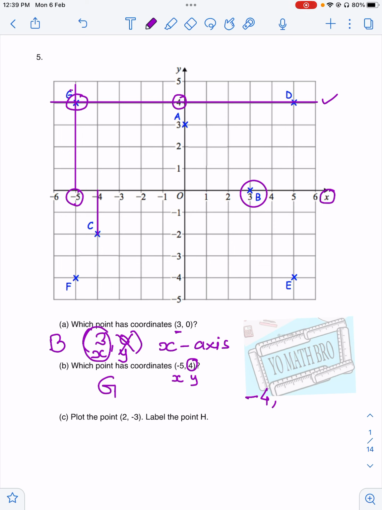And now I will continue the line till it reaches the y-axis. Here if you can see, it is touching the y-axis at 2. So the coordinates of point C are (-4, 2).